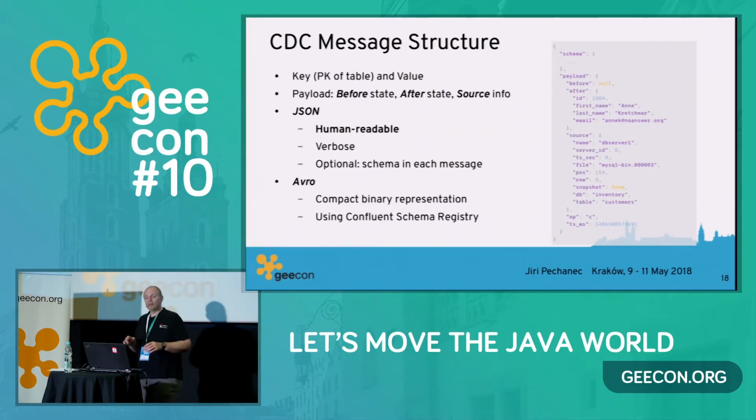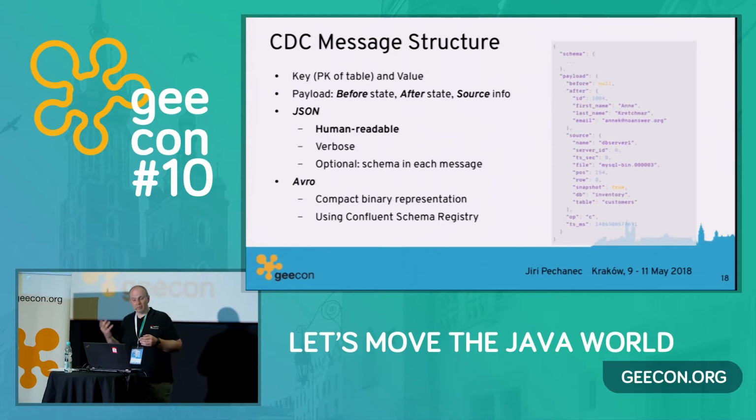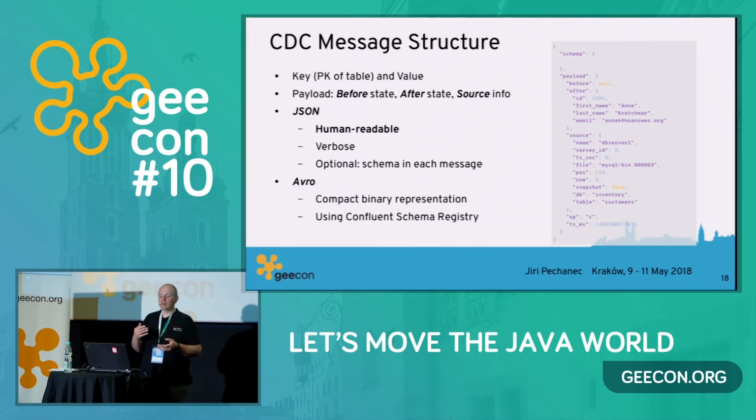The format of the message is twofold. It can be JSON, which is nice because it's human readable, so it's easy to debug problems. It's unfortunately a little bit verbose, but what is nice is that Kafka Connect supports adding a schema to the JSON.